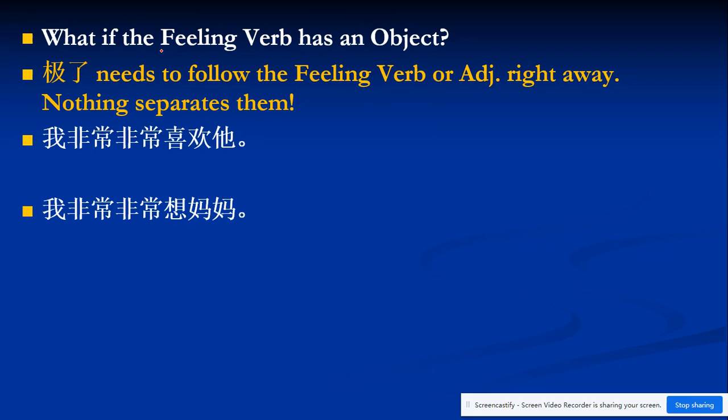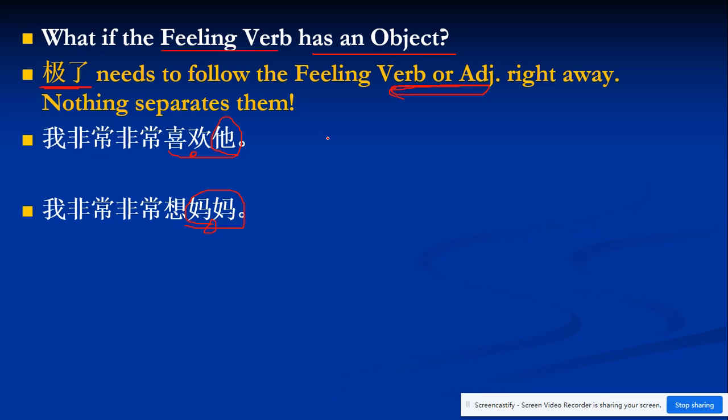Now, what if the feeling verb has an object, like 我喜欢他, with 他 as an object, or 我想妈妈, I miss my mom, with 妈妈 as an object. If the feeling verb comes with an object and you want to use 极了, you need to remember this golden rule: 极了 and the feeling verb, like 极了 and the adjective, cannot be separated by any other things.